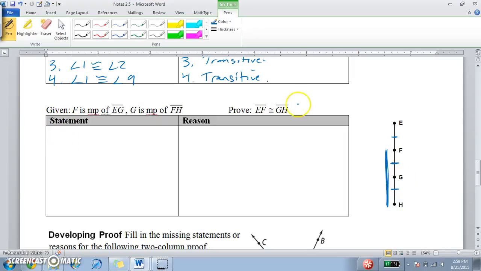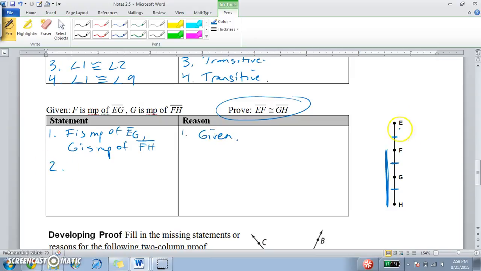So how do we write this out in a proof? We're trying to prove that EF is congruent to GH. So first statement, F is midpoint of EG, G is midpoint of FH. Reason: given.